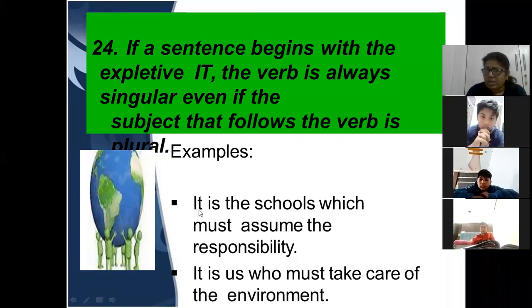See, the sentence starting with "it". Here you can see schools is plural, here you can see us is plural, but we are using "is" at both places. It is the schools which must assume the responsibility. It is us who must take care of the environment. So if you are using the expletive "it", then we will use a singular verb even though the subject that follows is plural.